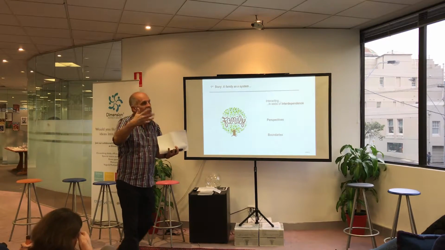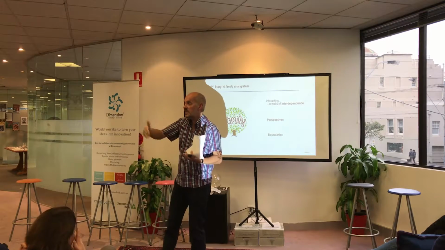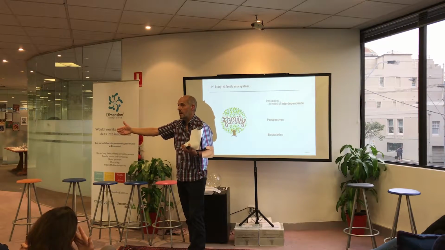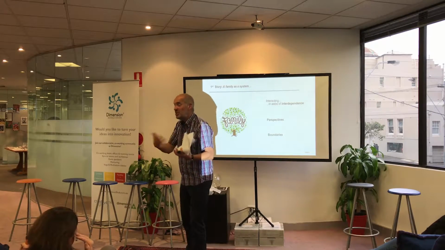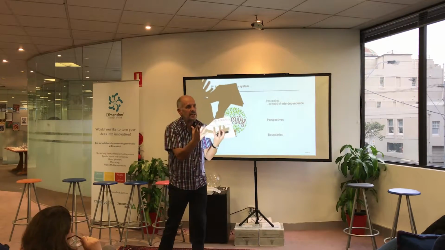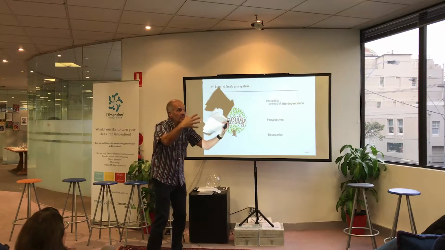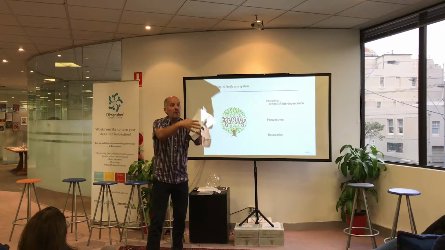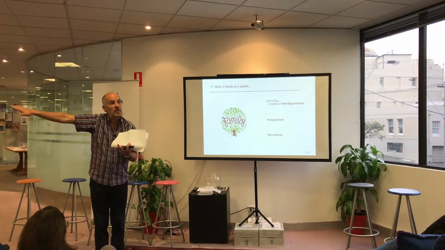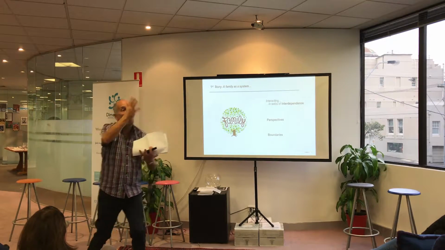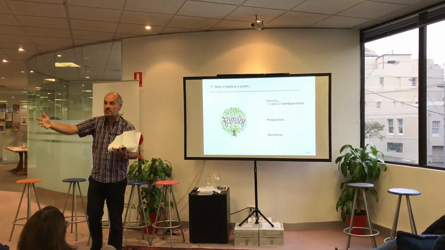Because one of the other things that sometimes gets mentioned in systems is that everything is connected. And at one level it is, but it's interesting, but it's not very helpful. So when we take a systems approach, we say we're focusing on this. From a family, we're focusing on the immediate family, and what we're not including is our nephews and nieces. Or we are. So we draw a systems boundary.